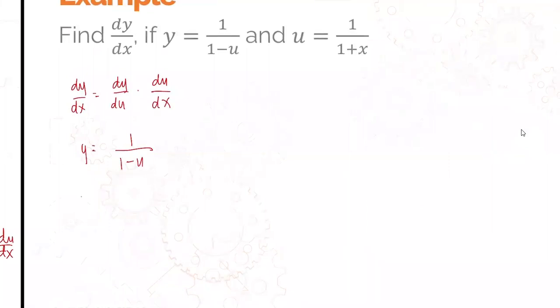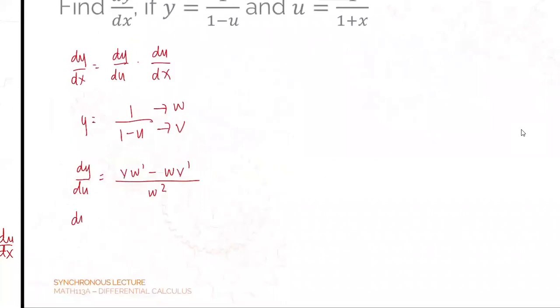So yung dy over du natin will be equals to, so ito ay quotient ulit. So yung formula natin is, para hindi tayo malito, assume natin itong w, ito ay u. So iba lang yung term pero ang mangyayari sa atin is v w prime minus w v prime over w squared.